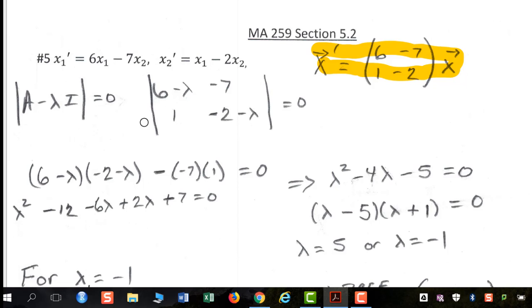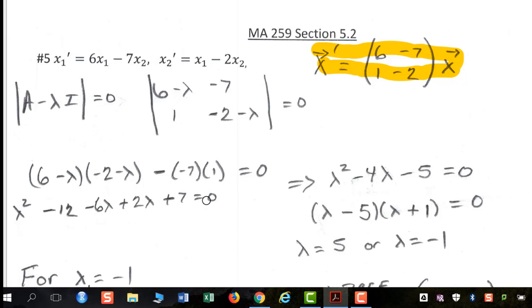Find the determinant and set that equal to 0. So the determinant is 6 minus lambda times negative 2 minus lambda, minus 1 times negative 7. Then I set that equal to 0.